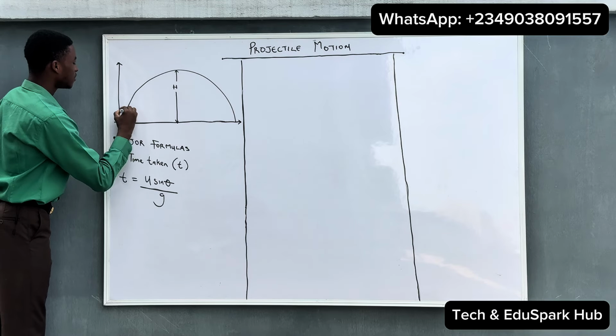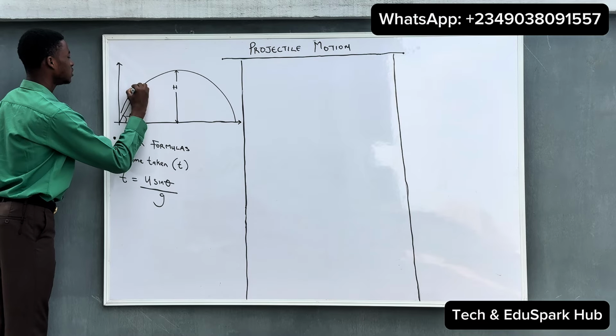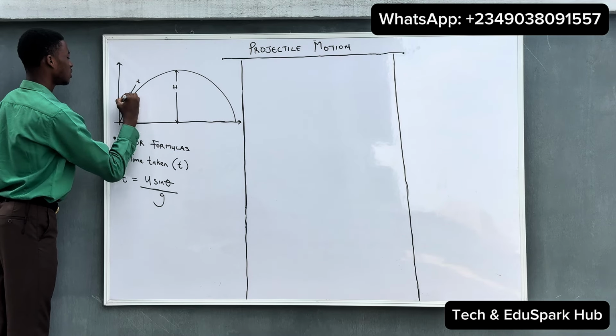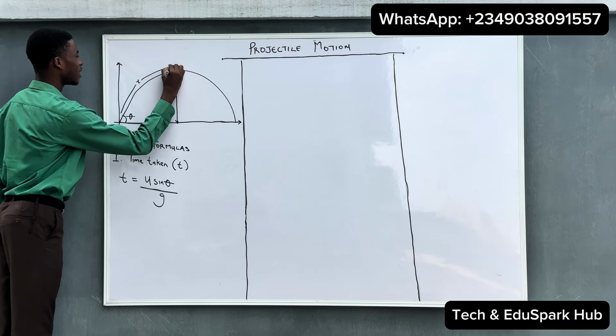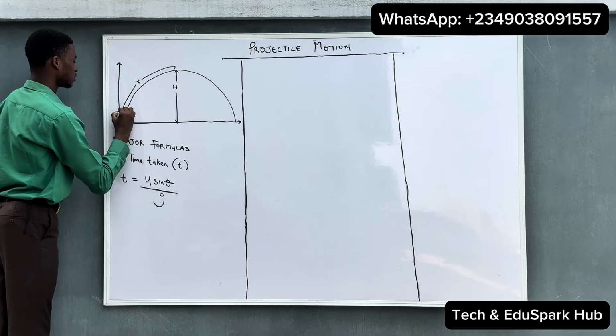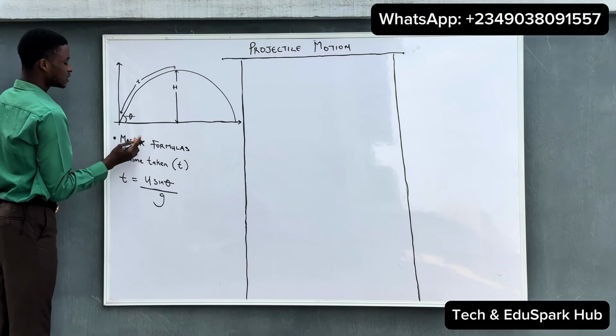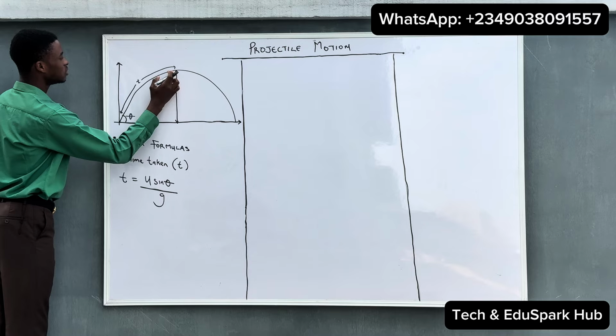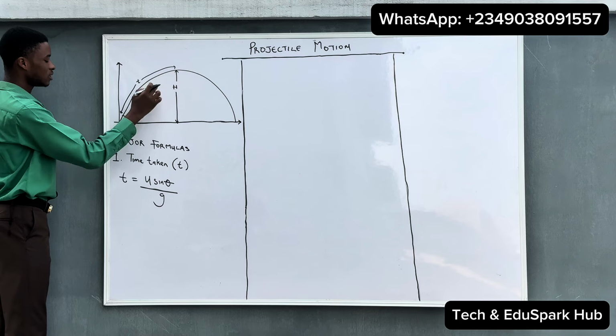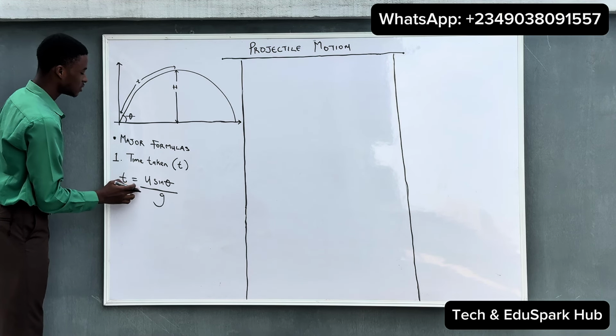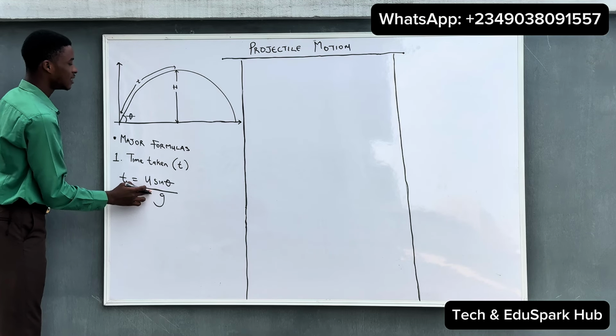From this diagram, this is our small t. The time taken from the point of projection to the maximum height is known as the small t, and the formula for the small t is given as u sine theta divided by the gravity.